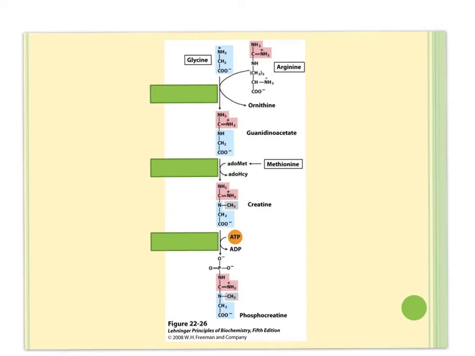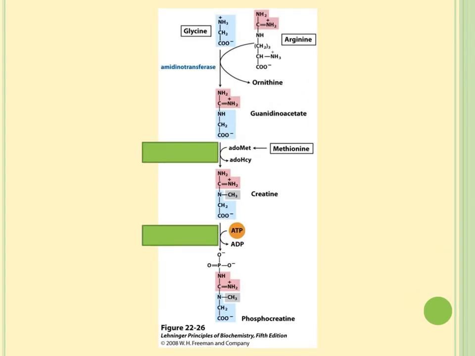All right, this one has a very generic name. And once you see it, it makes sense because it has to do with the end of the arginine that's being added on to here. It's called an amidino transferase.